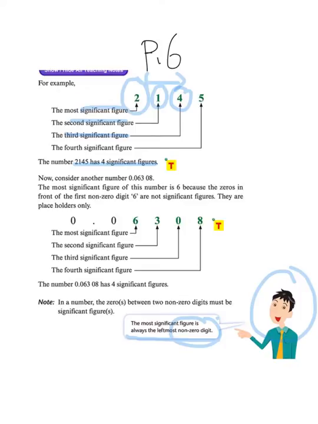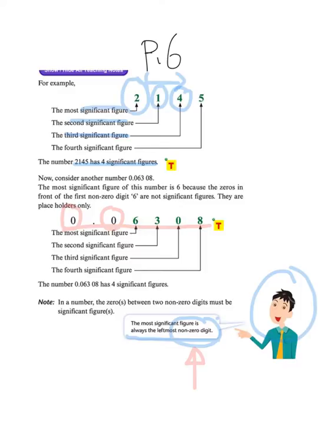Look at another, smaller number, 0.06308. Again, we utilize this concept of significant figure, because the first 0 and the second 0 are not useful for us in looking at this number.